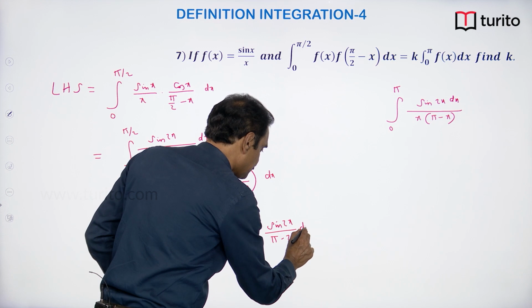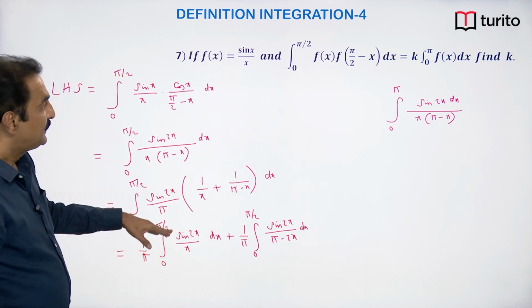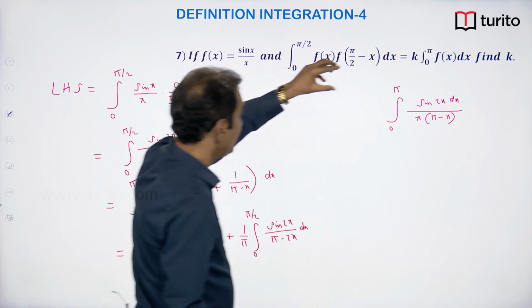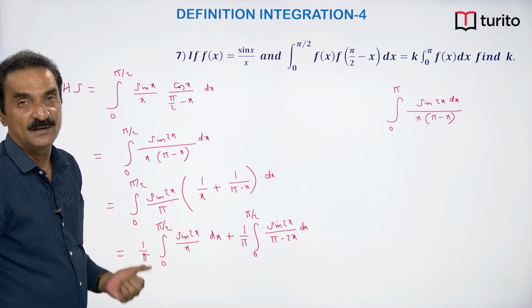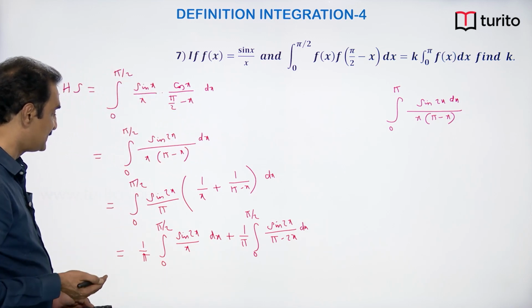Okay, now we want to get the limits 0 to pi, and also it should become f of x, which means this 2x should become x. How is it possible? Let us solve it on the next page.